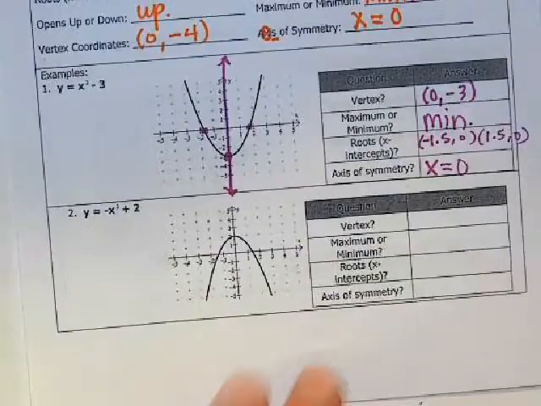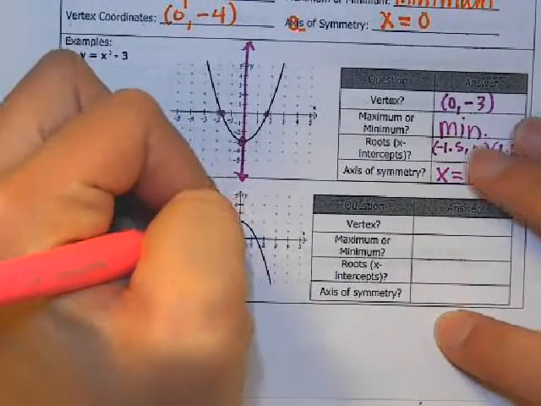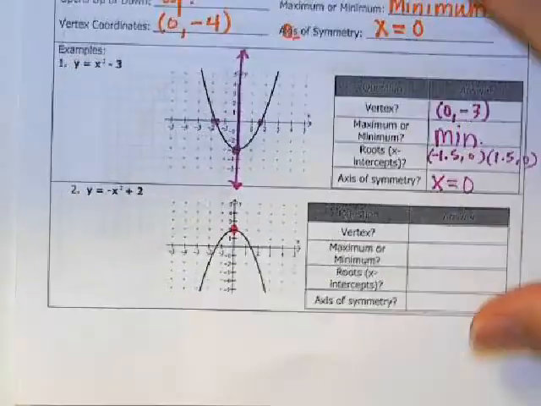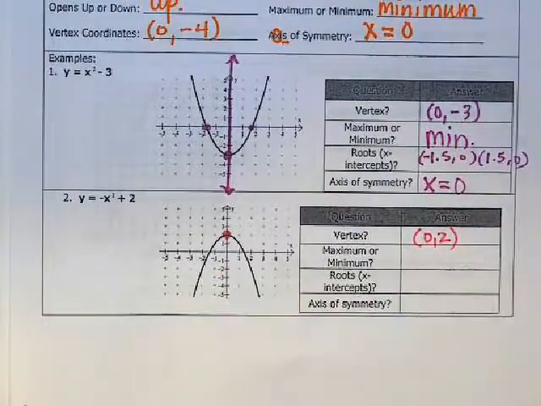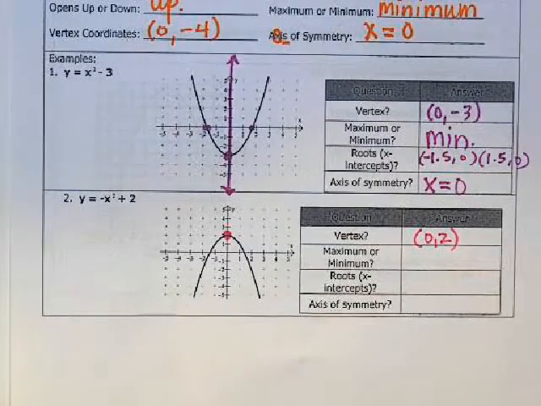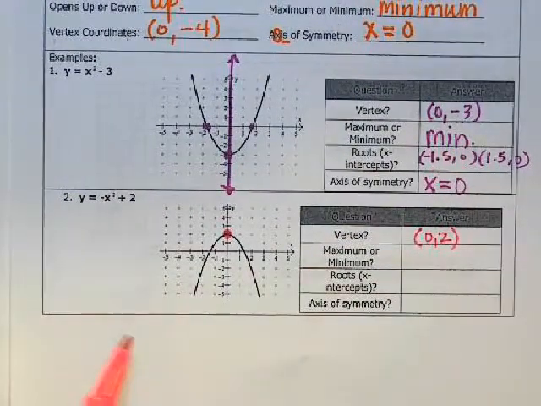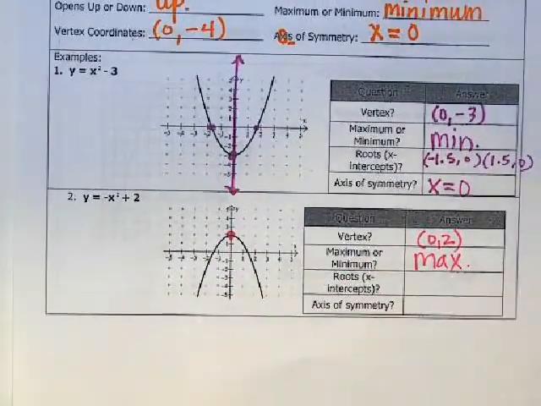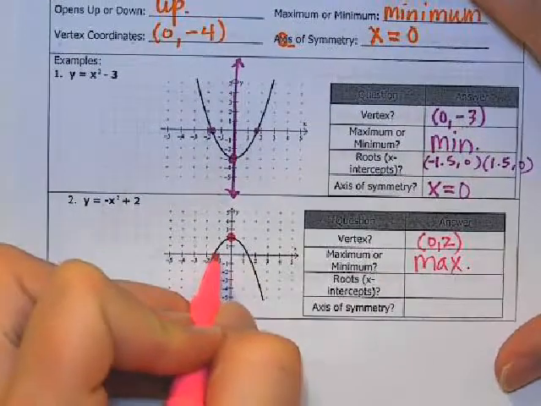All right, number 2. My vertex is the highest or the lowest point, right there. And this ordered pair is 0, 2. Is this a maximum or a minimum point? Maximum. I'm going to write MAX for short. My roots, or my x-intercepts, we'll put dots on them because it's a decimal.